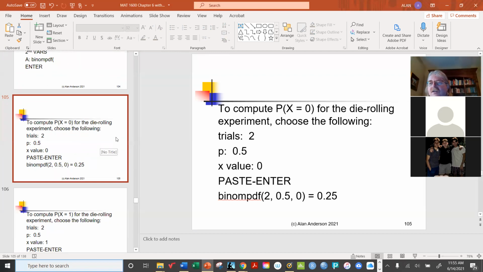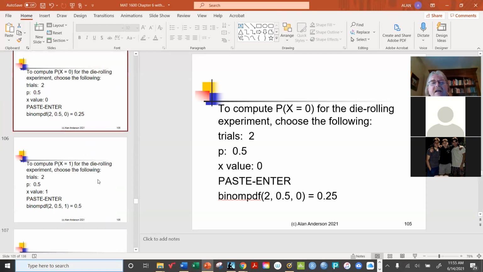A lot easier than using the formula and a lot less prone to mistakes. So the calculator has this function built into it. And you might as well take advantage of it. Okay, so there it is. Let's use it. You don't have to. You can double check your results with the actual formulas, but just be aware that this is here. Now, what about X equals 1?